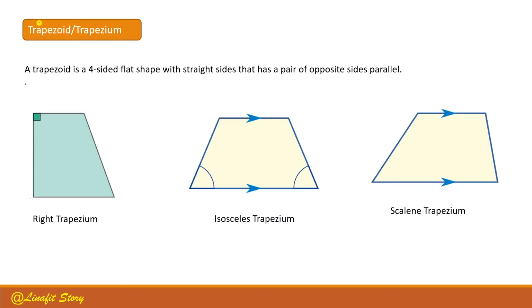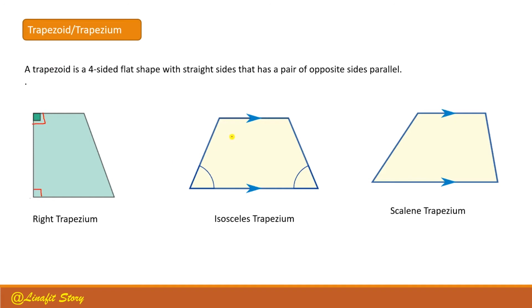Trapezoid or trapezium. A trapezoid is a four-sided flat shape with straight sides that has a pair of opposite sides parallel. A right trapezoid, also called the right-angled trapezoid or right trapezium, has a pair of right angles. This is 90 degrees, this is also 90 degrees.